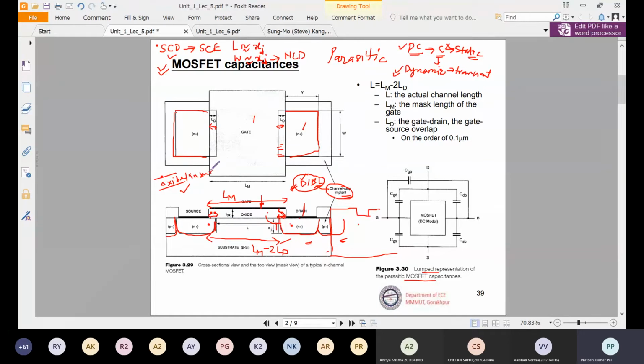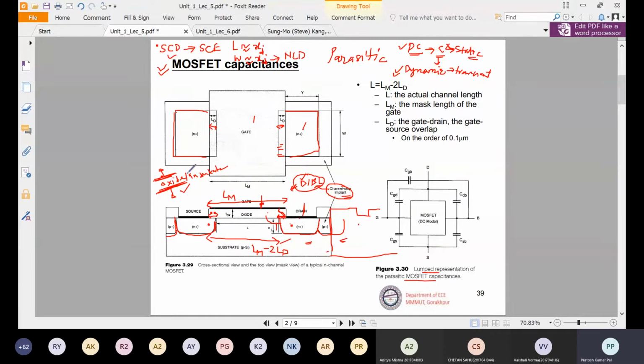If this is the structure, then this structure will work as a capacitance. Whenever this type of structure is there, one conducting plate is here and another conducting plate is there, and in between that some oxide or some type of insulator is there.